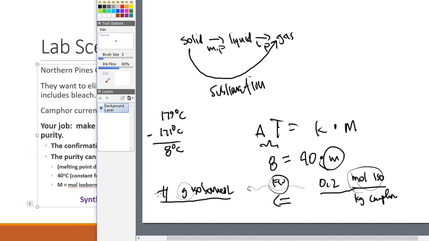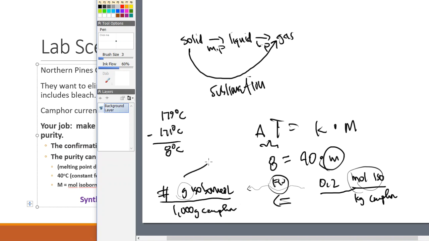Once you get that number, that will go here. That will tell you how many grams of isoborneol there are in that sample that you melted. Then down below, this is kilogram of camphor, so that is 1,000 grams of camphor.